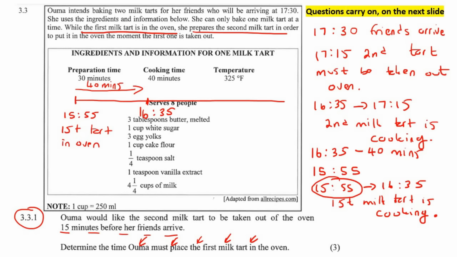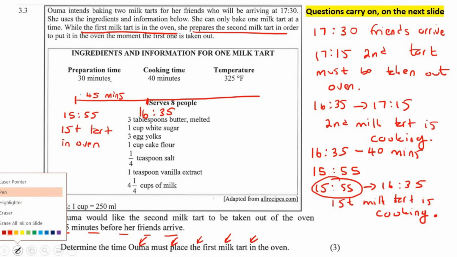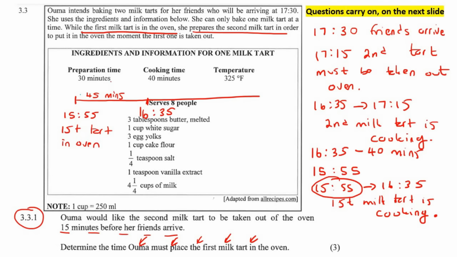So during this time, somewhere in between here, she took 30 minutes to prepare the second one. 30 minutes to prepare milk tart number 2. Okay, so that 30 minutes, we don't have to add that on to her time because she was clever. She did it while the first one was cooking.